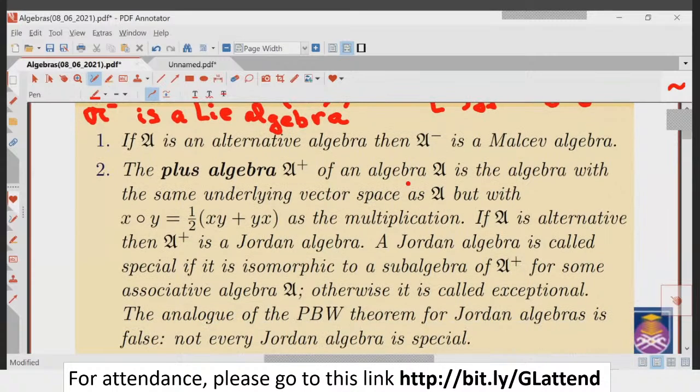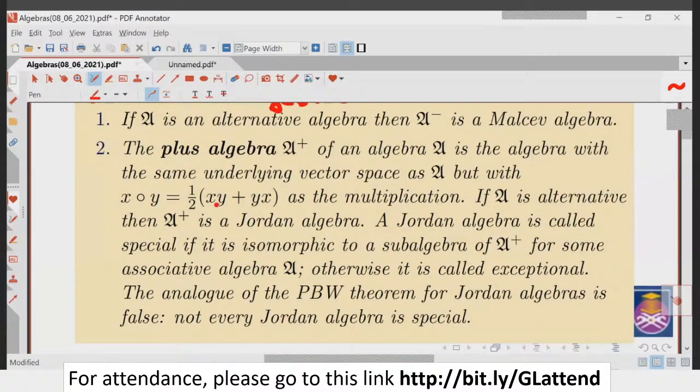Now we will introduce another operation, the so-called plus operation, or plus algebra, which is x times y plus y times x, times 1 over 2. Of course, the characteristic of the field where this algebra is given is not 2, otherwise we cannot divide by 2. So this new operation we will denote as x circle y.